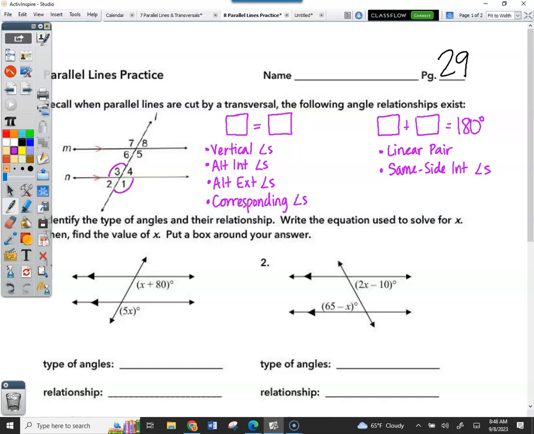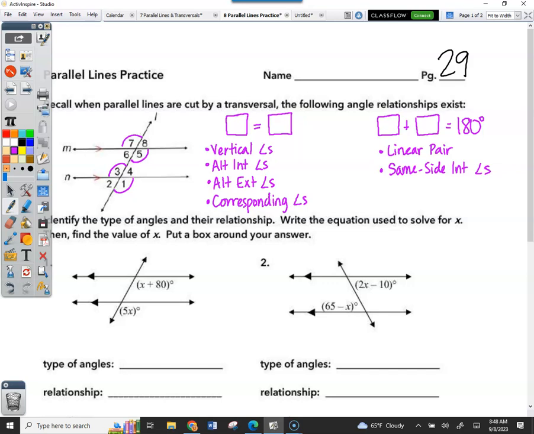Name the angle that's alternate interior to 3. Yes, it is 5. Name the angle vertical to 5. Do you see how all 4 of those angles are the same measure because of vertical and then alternate interior? Or also you could say corresponding. Notice 7 and 3 are corresponding, and 5 and 1 are corresponding.